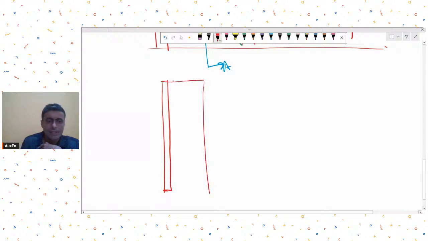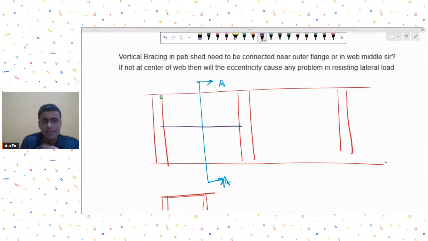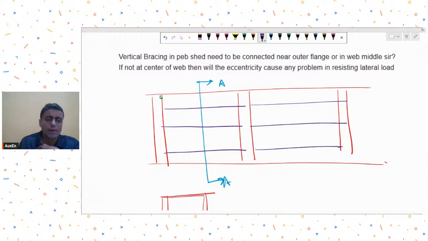Now logic says the purpose of this lateral bracing... okay, let's not take the case of lateral bracing. Imagine that instead of this cross bracing, there was a member that we had added, let's say a guy, or any member that we have added to support this column for lateral torsional buckling.